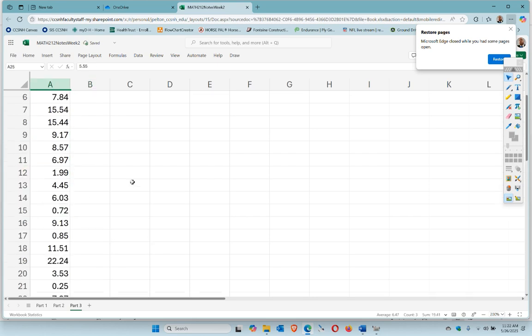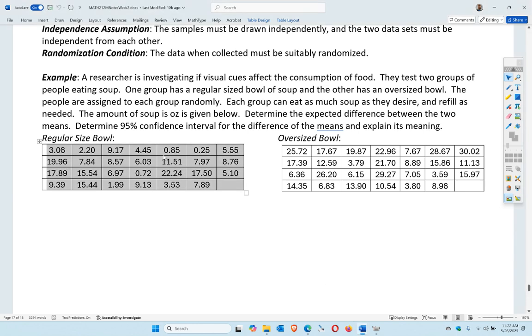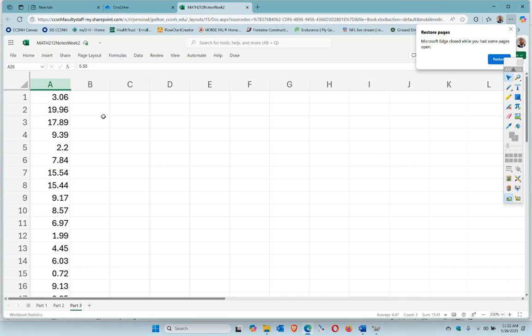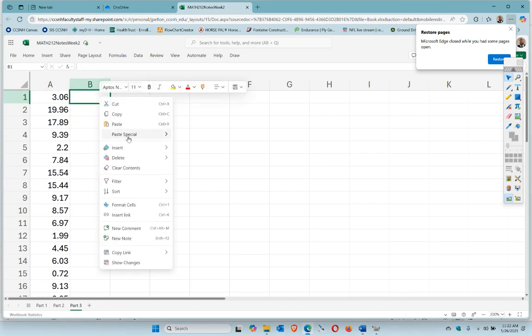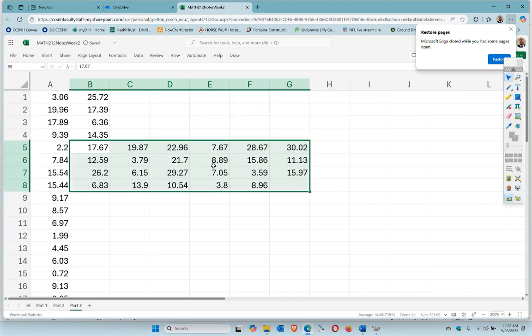Okay, there we go. There's the first data set. That first data set is the regular bowl. So this will be the oversized. We'll copy these ones, and then paste that there with values only. We don't want that fancy formatting.